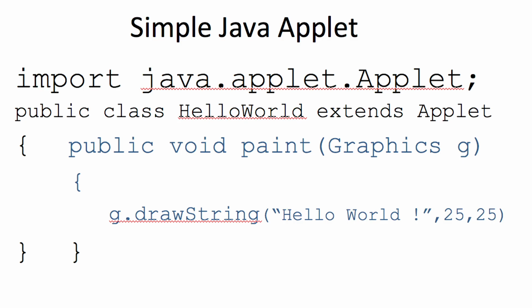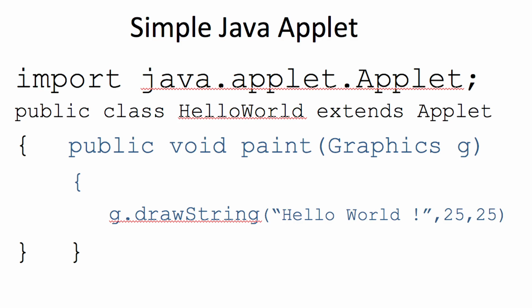While in the case of a Java applet, inside drawString we use arguments, and this will draw the string. We can draw a rectangle, we can draw a square. We use the word draw here because it is graphics, it is the paint function. So we have switched towards graphical mode, towards GUI mode, in Java applet. That's why we have written g.drawString and Hello World inside this drawString function.